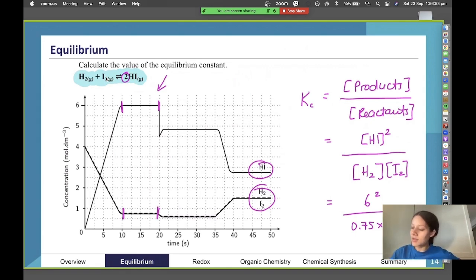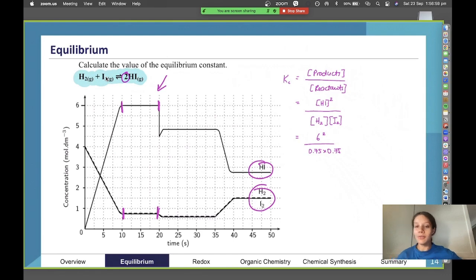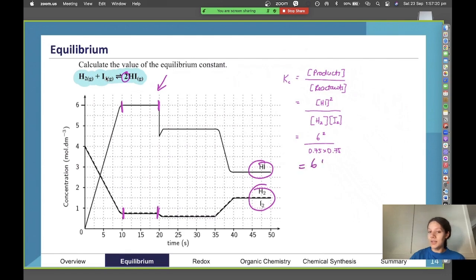Let me move that so I can see it. If we pop that in the graphics calculator, also, good practice is, when you're doing practice questions, use the calculator that you'll use on the actual day, whether that be your scientific calculator or graphics calculator or whatever you've got. If we put those values in, we should end up with an answer of 64.